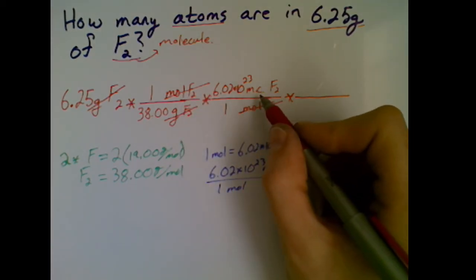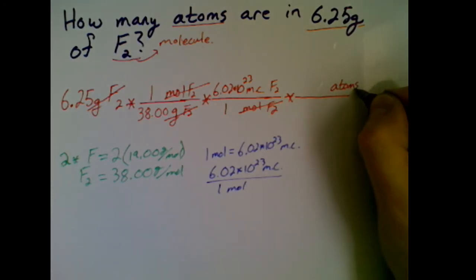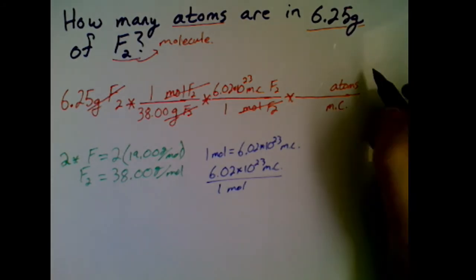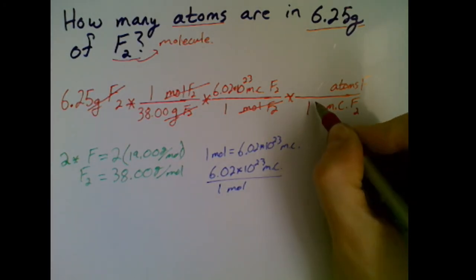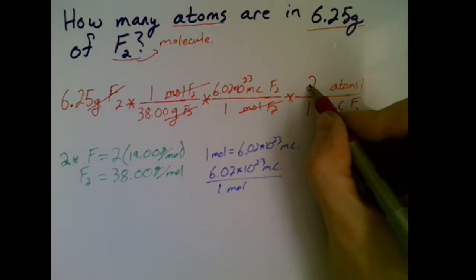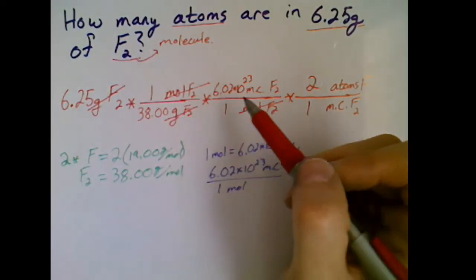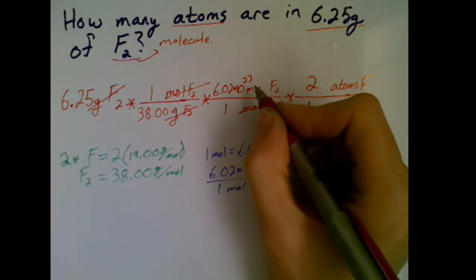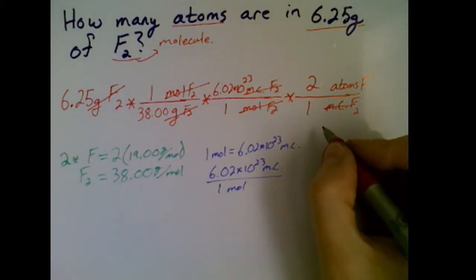So now I have molecules, and I want to turn it into atoms. So atoms is going to go on the top, and molecules is going to go on the bottom. So atoms of F, molecules of F2. In every 1 molecule of F2, there's 2 atoms, right? And that's going to get rid of molecules and leave me with an answer in atoms.